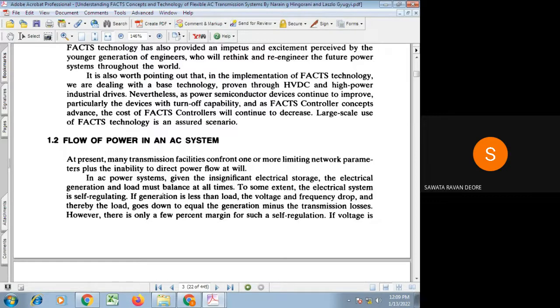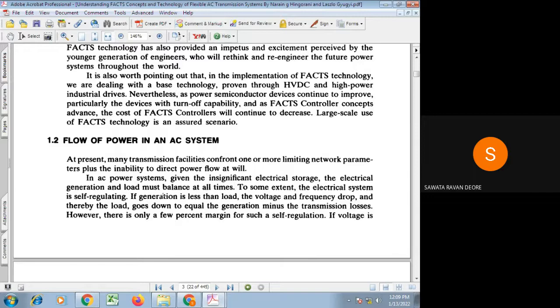As I said, the interconnection of transmission lines, meaning how they are connected, each line is connected between which buses, what the parameters of that transmission line are, and so on, is going to describe the power flow through that line. In other words, we can say that the power flow in AC transmission lines is uncontrollable.